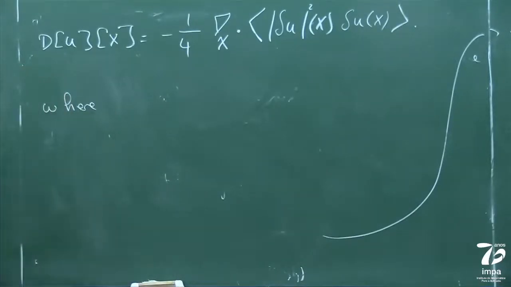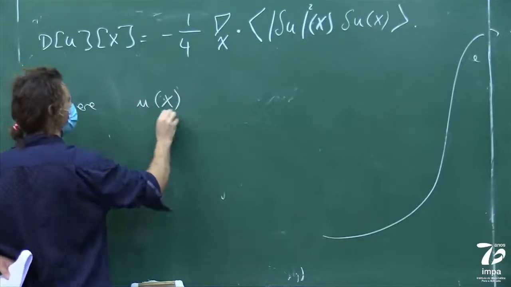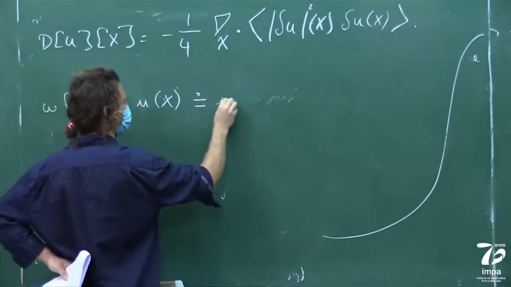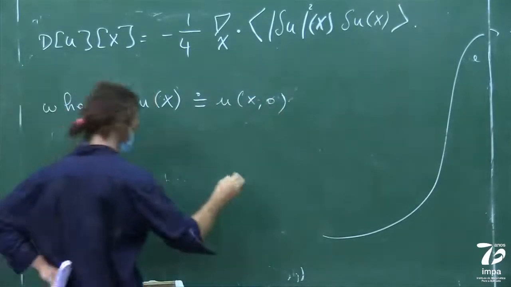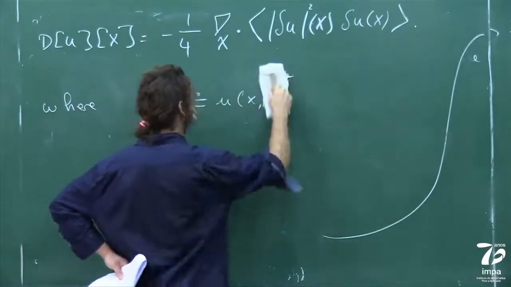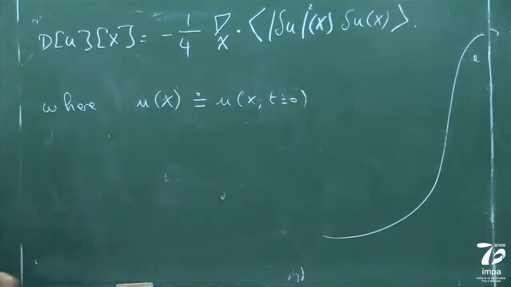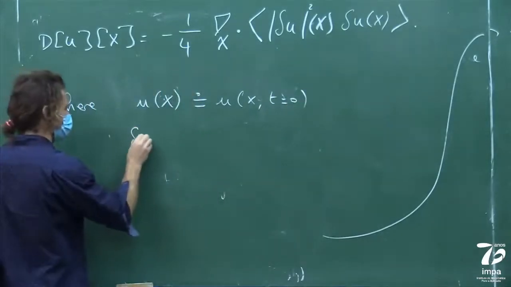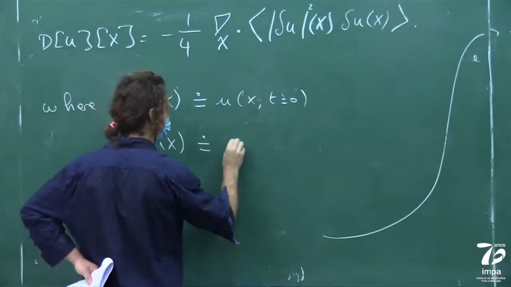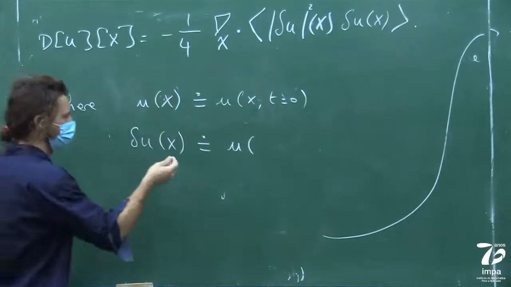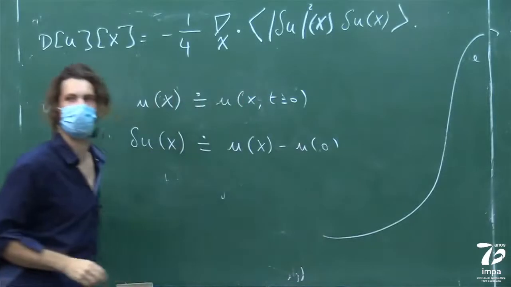In all of those relations, of course, u(x) is a shorthand for u(x, t=0). And delta u(x) means only the velocity at position x minus the velocity at position 0.